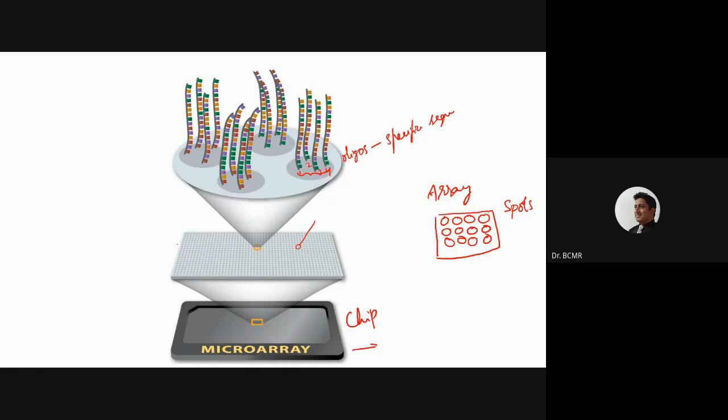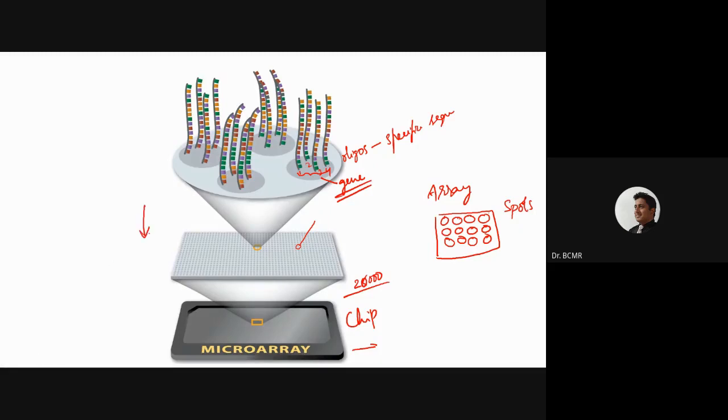Like that you have so many of these, and typically each gene is represented by one spot. Almost all the protein-coding genes of a human genome, approximately 20,000 to 25,000 genes, are provided on this one chip that is somewhere near the size of a thumb.